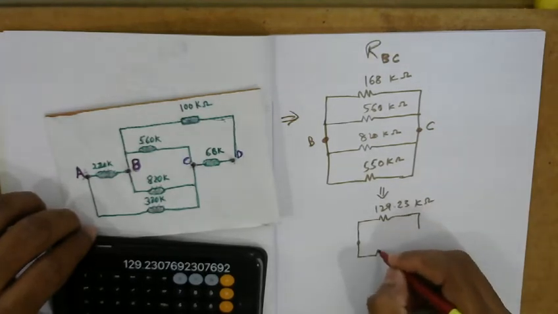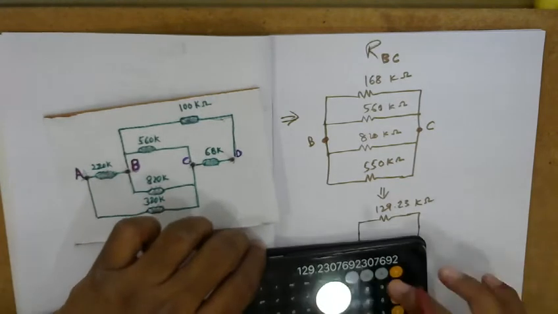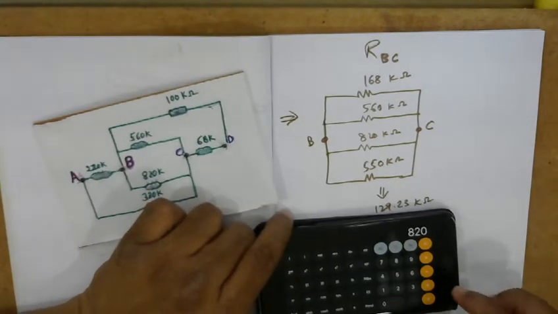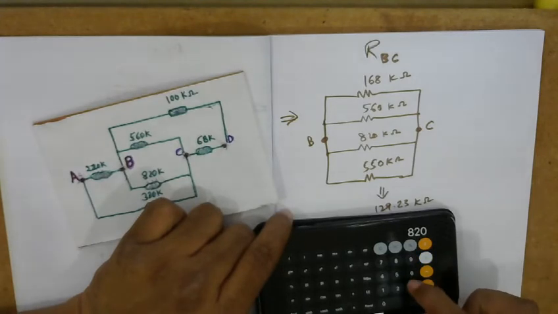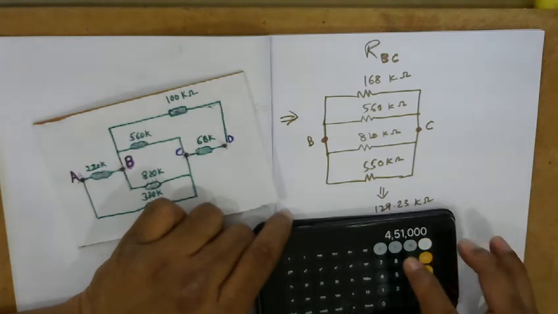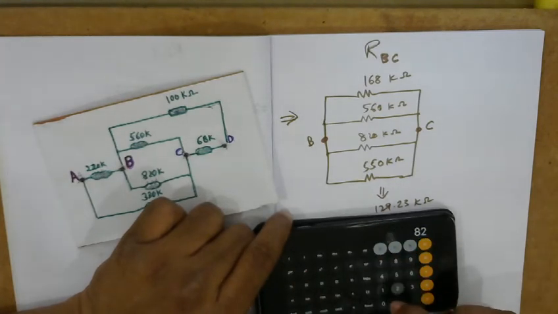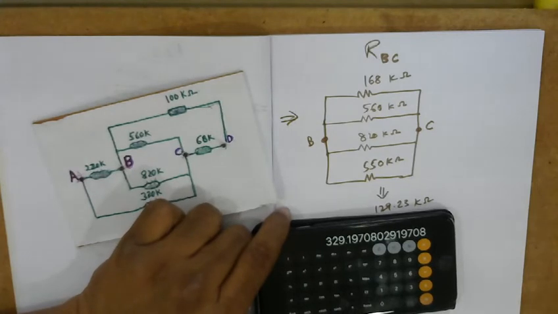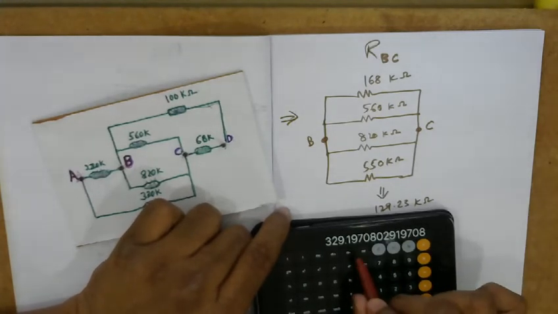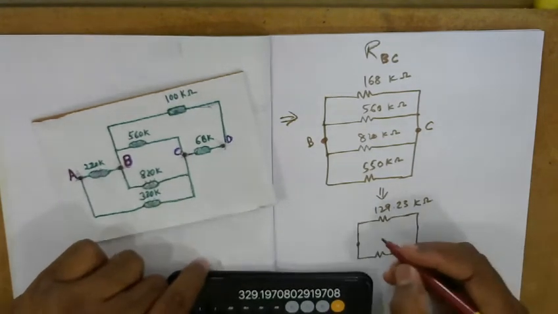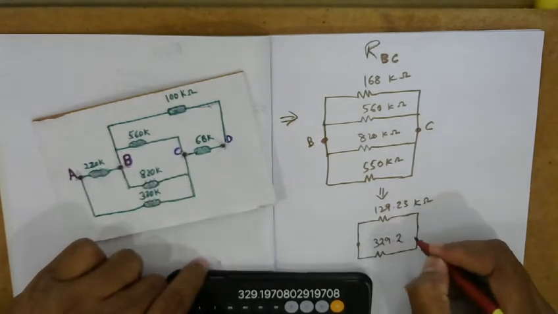Another 2 branches: 820 multiplied by 550, divided by 820 plus 550. I'm getting 329, I'll round it off to 329.2 kilo ohm.